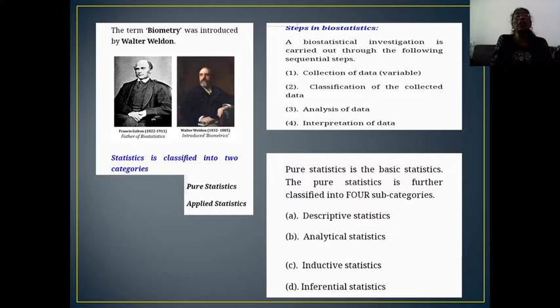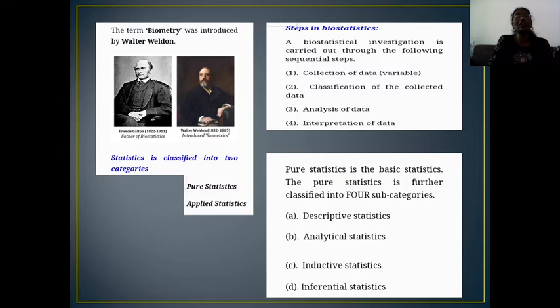When we apply biostatistics in research of a biological origin, biostatistical investigation is carried out through sequential four steps. One is the collection of data. Second step, classification of collected data. Third, analysis of data. Fourth, interpretation of data.